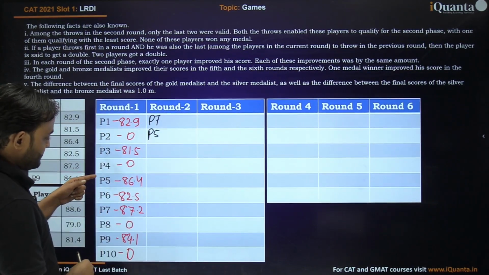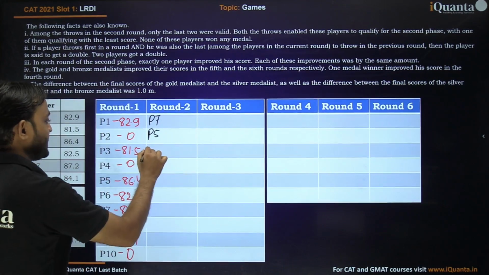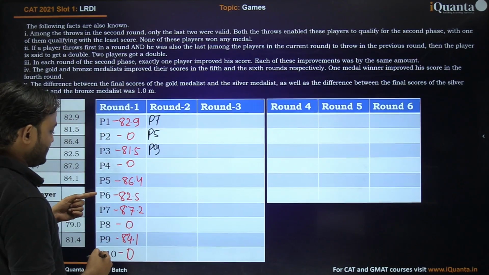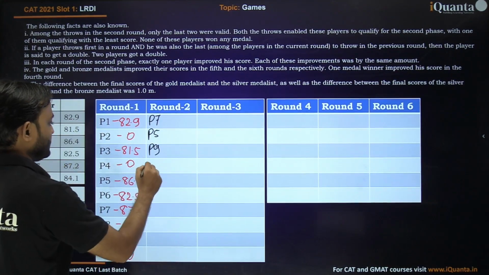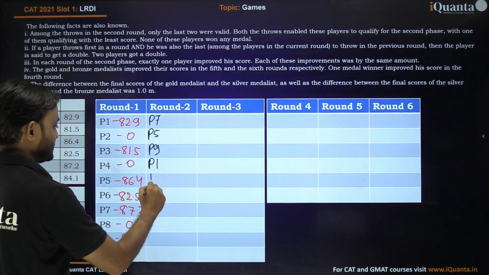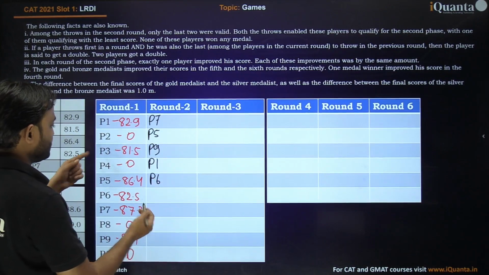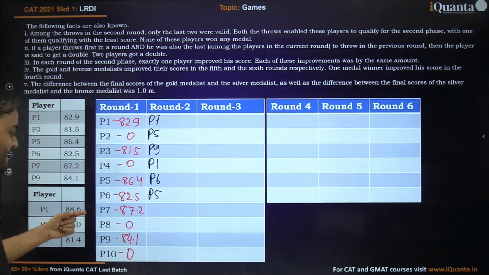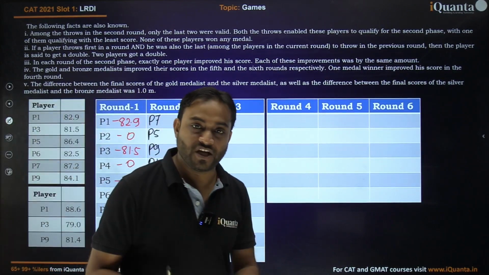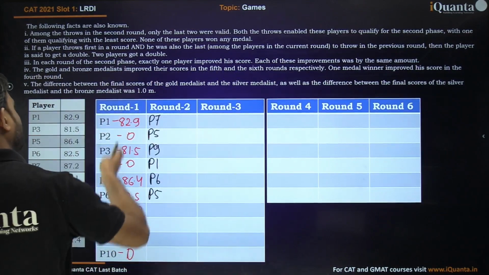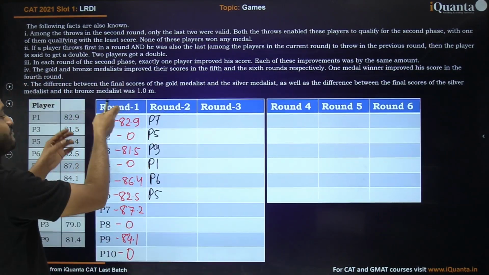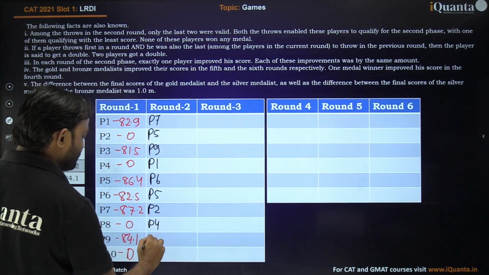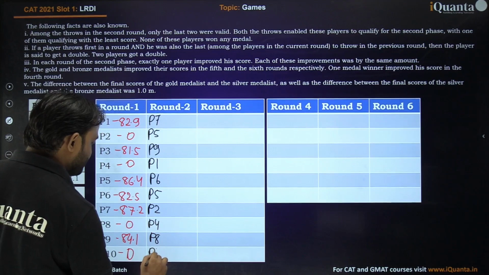After P5, it will be P9 who will come third, and after P9 it will be P1, then P6 and then P3. The rest of these 4, P2, P4, P8 and P10, all of them scored 0. So they will be ranked as per their ranking before this round 1, which was P2, P4, P8 and P10.